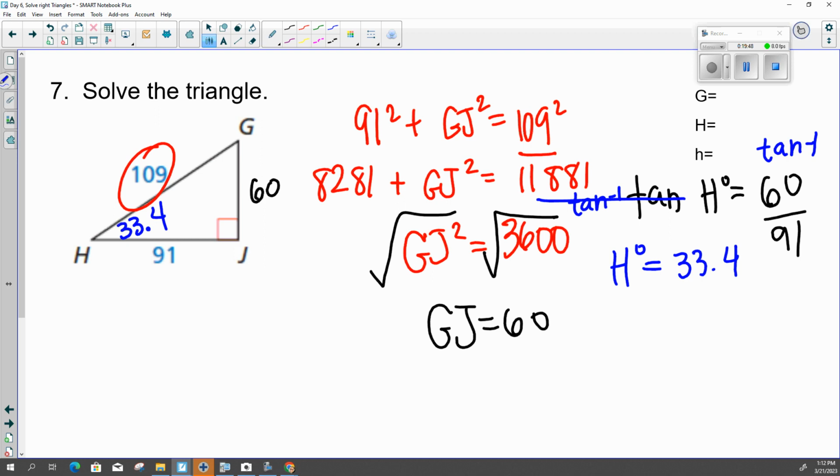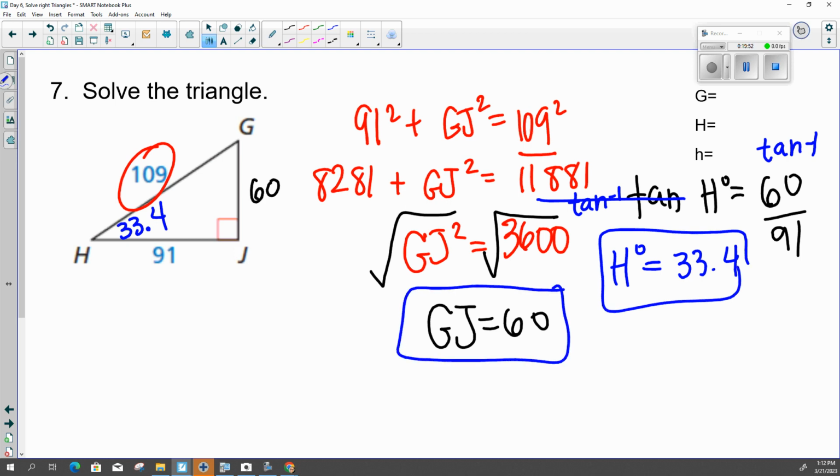Okay, so I've got H, I've got GJ, and there's a few ways to find angle G. Edwin, how would you find angle G? What do the three angles in this triangle have to equal?